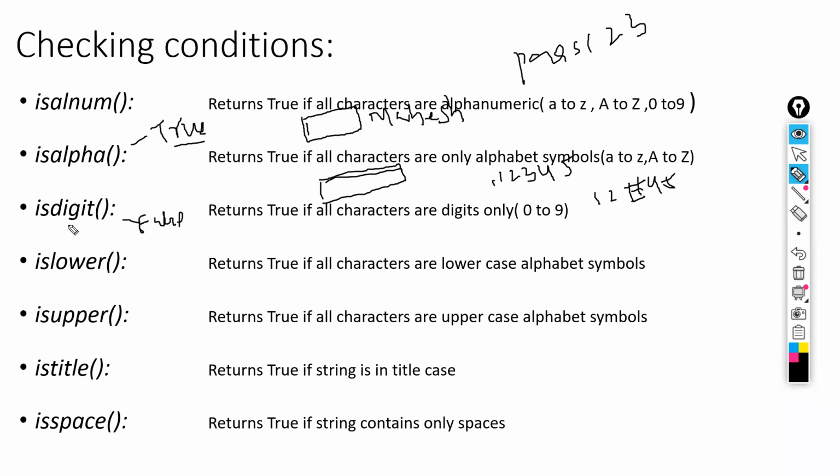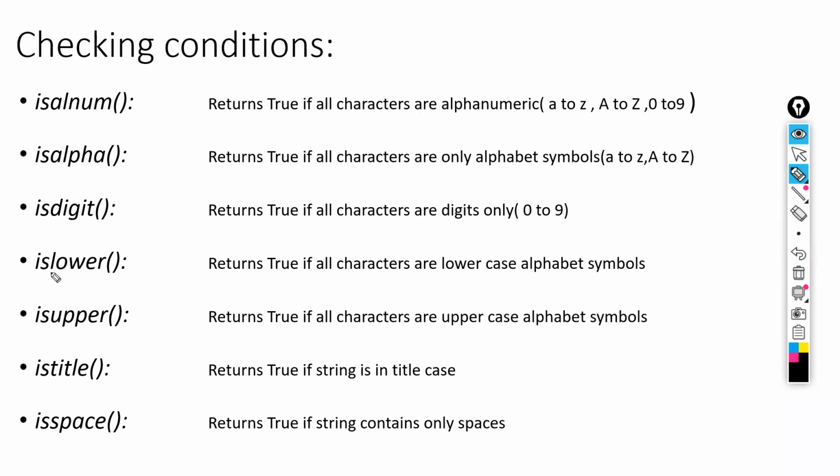In the same way, islower means all the characters are in lower case, which I have already explained. Upper case is already explained. Title means the start of every word is capitalized.